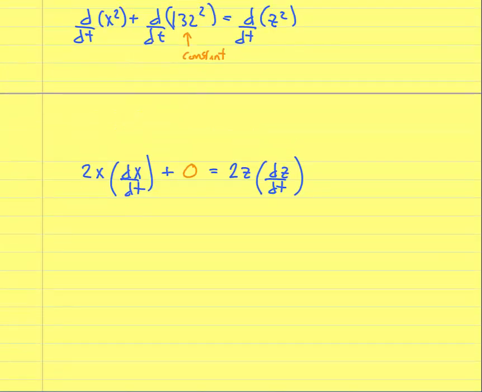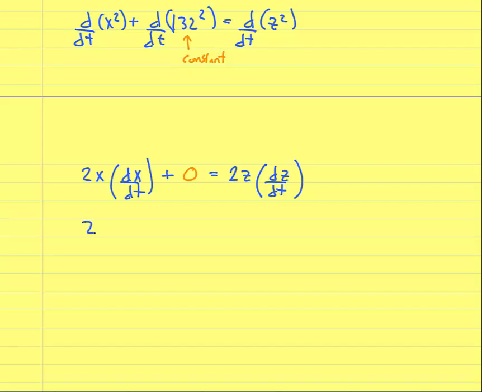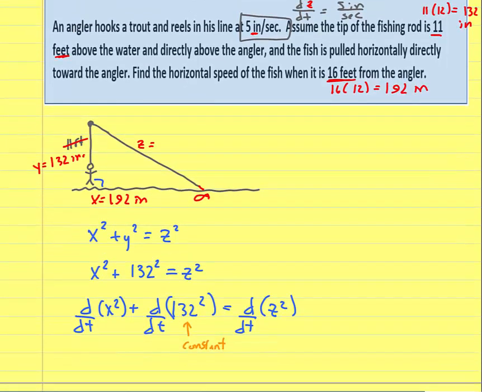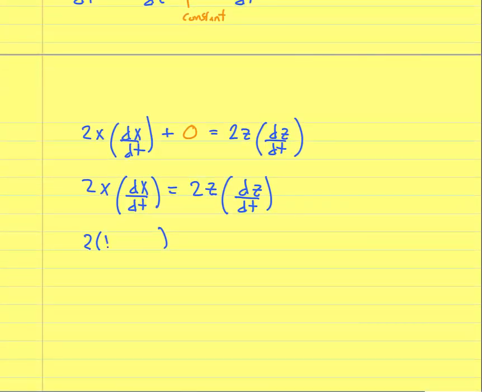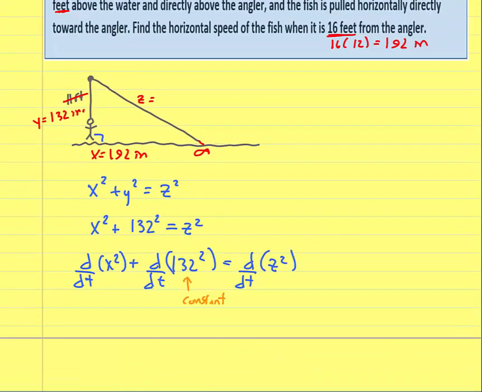Okay, so let's write out what we have here. We have 2x dx/dt equals 2z dz/dt. Now x was that horizontal distance, and from our picture that x was 192 inches. And dx/dt was the speed that we're looking for.